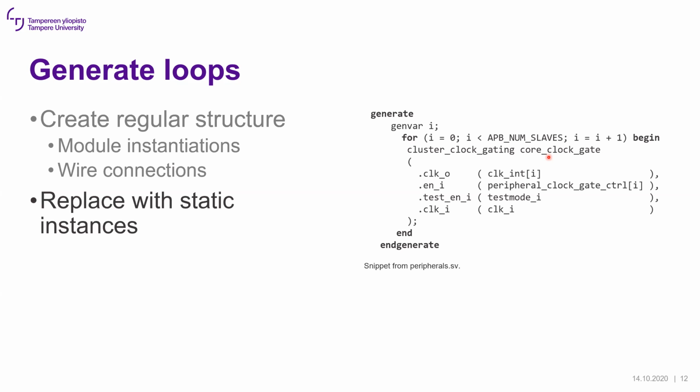An observation is that for these generate loops and the conditional structures on the previous slide, there is usually a very limited set of reasonable options. So there's no need to create every possible combination.